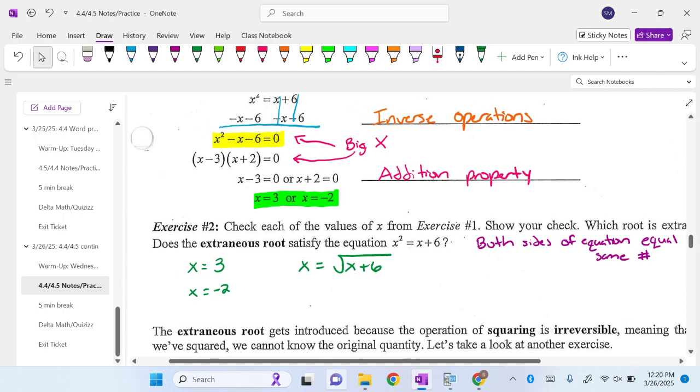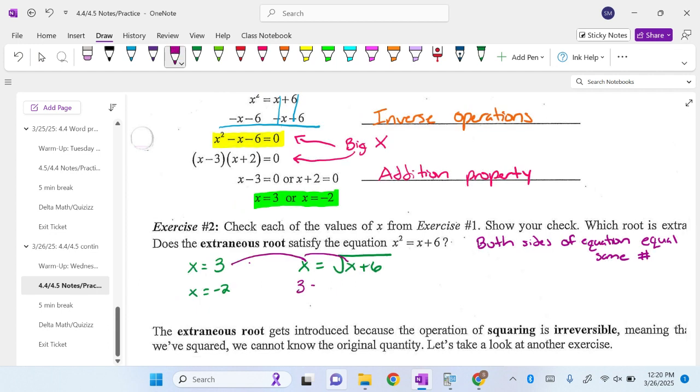All right. So I'm going to plug in 3 first for both x's. So I'm going to plug it in here and here. So I have 3 is equal to the square root of 3 plus 6. If I simplify, I get 3 is equal to the square root of 9. Well, what's the square root of 9? Not just 3, but positive or negative 3.